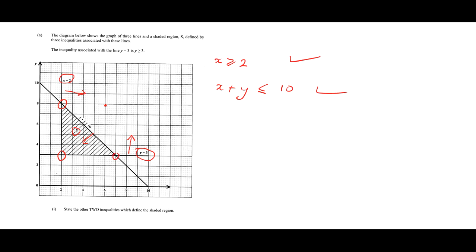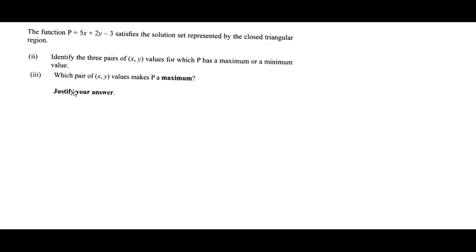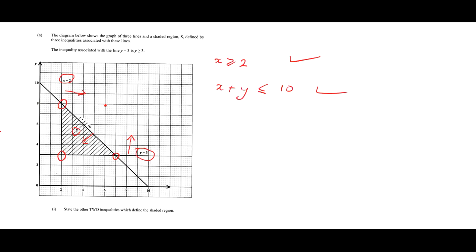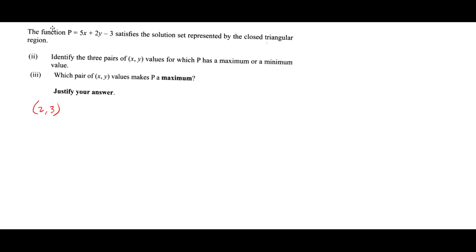So the 3 points that they are talking about, the first point will be, let's say this point here, this will be 2, 3. So the first point is 2, 3. The next point, if I read off this value here, it will be 7, 3. So we have 7, 3.